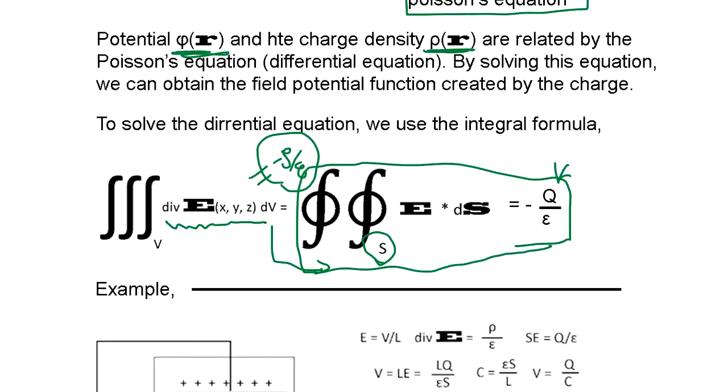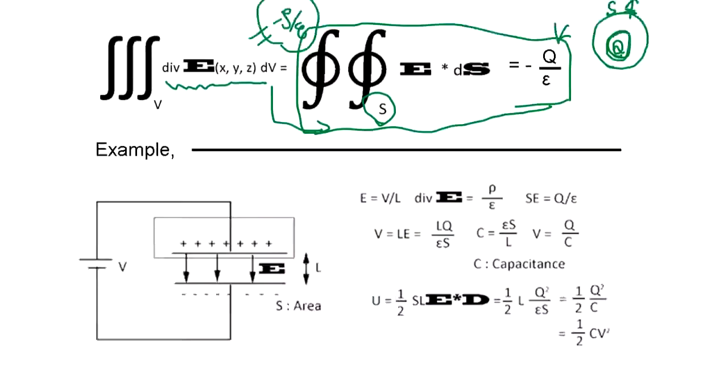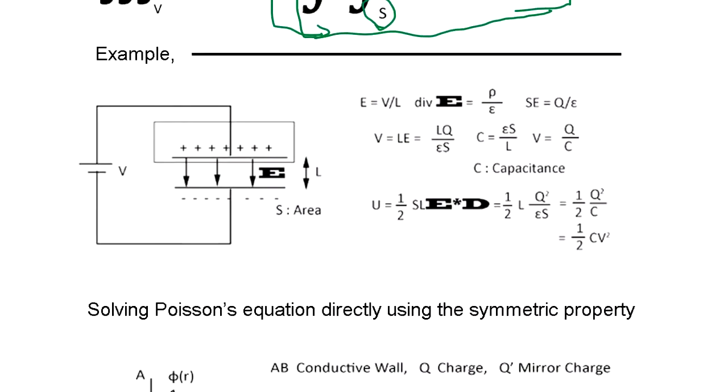So you have some total charge Q inside, and you take a surface integral of the electric field going out. You collect all the information about how much electric field is going out from this area, and we can figure out the total charge. So this is the integral form of the equation. It's basically the same as the differential equation. The integral form is just easier to use because you don't have to solve a differential equation.